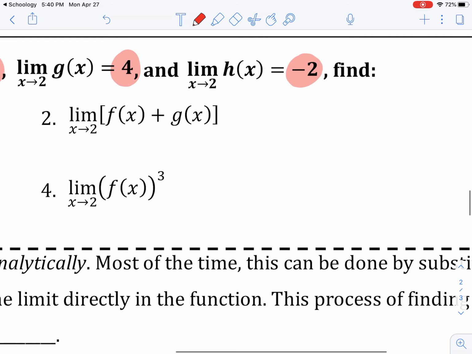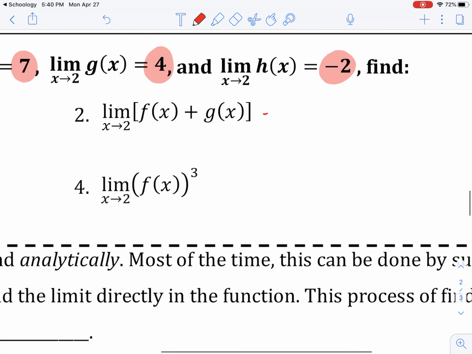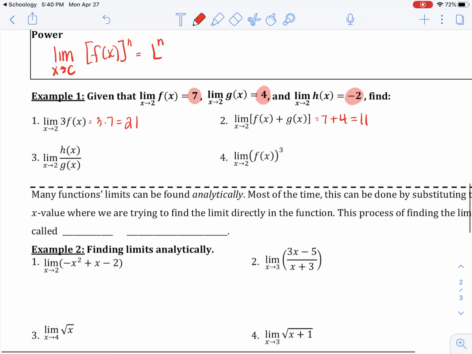Easy, right? This one, the limit as x approaches 2 of f of x plus g of x, is the same thing as the limit as x approaches 2 of f of x, which was 7, plus the limit as x approaches 2 of g of x, which is 4. So that's 11. Next one, I can break this up into the limit as x approaches 2 of h of x divided by the limit as x approaches 2 of g of x.